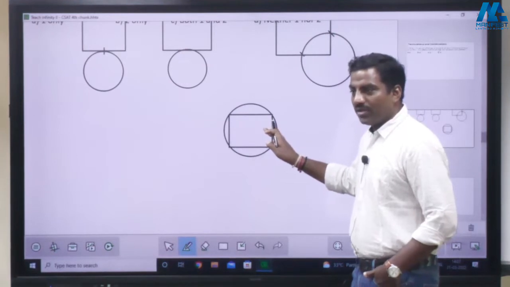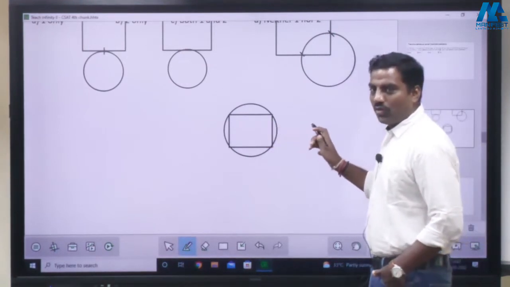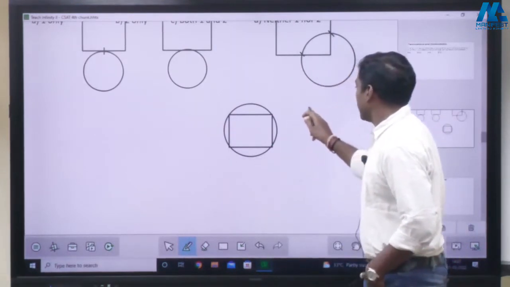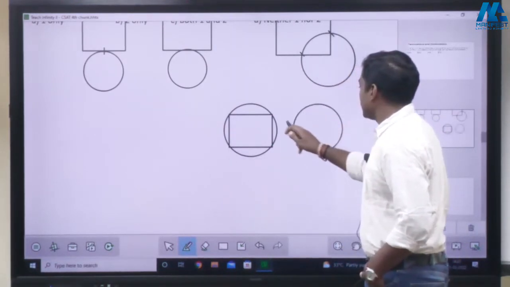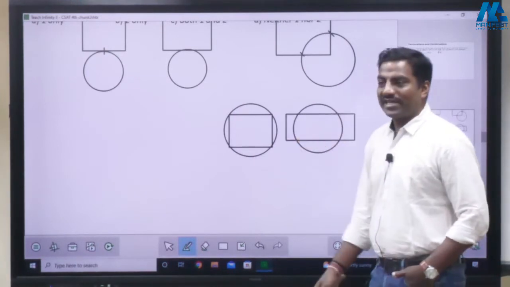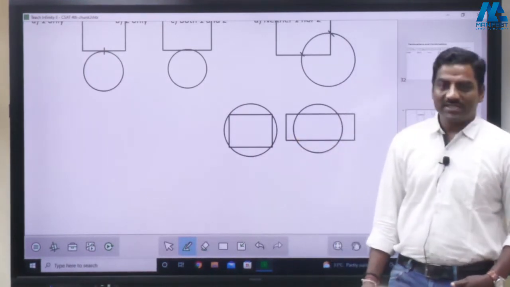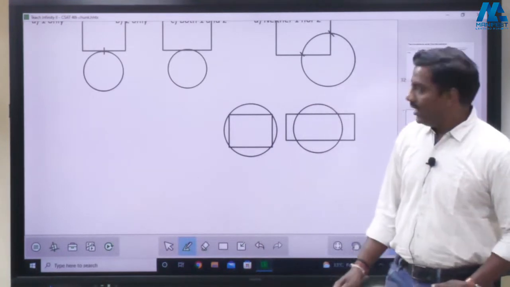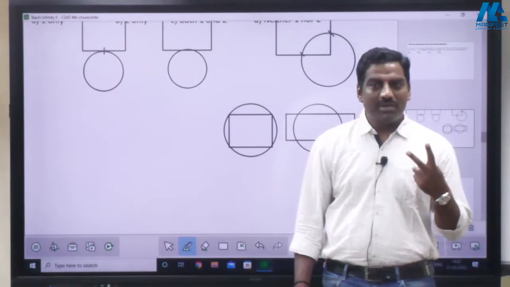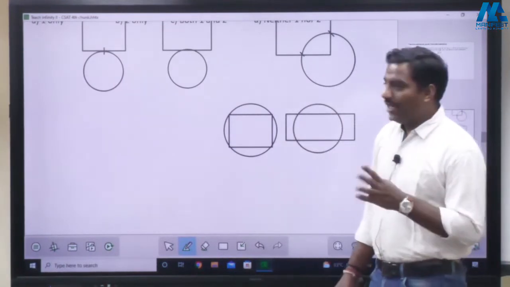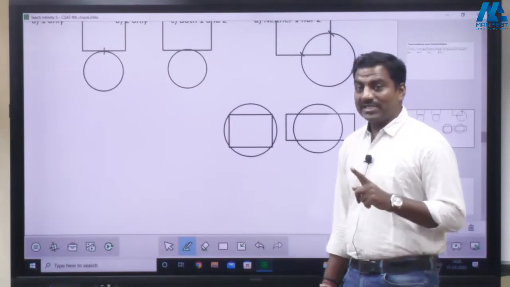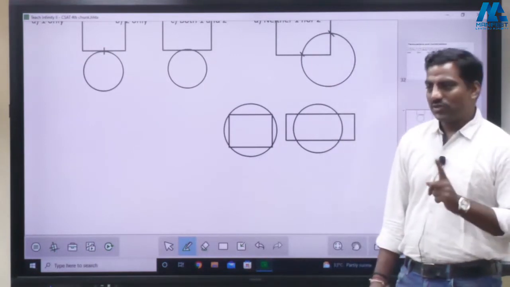But the way you have drawn, she has drawn like this, it is not a square, it's a rectangle. We cannot consider this. Okay, now tell me minimum intersections, 2, right? Minimum intersections 2. Okay, 3 not possible. 4: rectangle, yes, possible. But for a square, it's not.